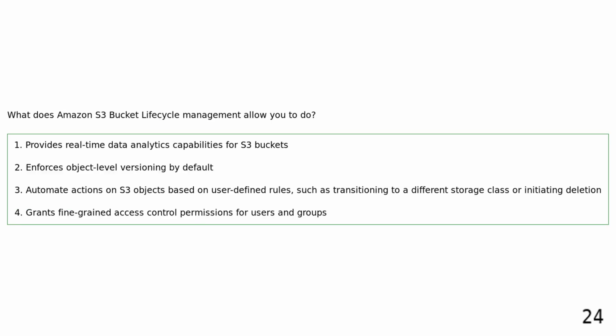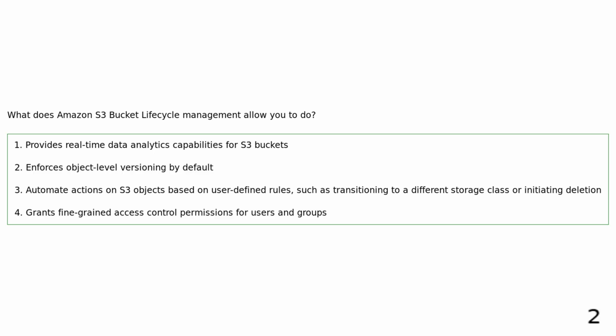What does Amazon S3 Bucket Lifecycle Management allow you to do? Provides real-time data analytics capabilities for S3 buckets. Enforces object-level versioning by default. Automate actions on S3 objects based on user-defined rules, such as transitioning to a different storage class or initiating deletion.